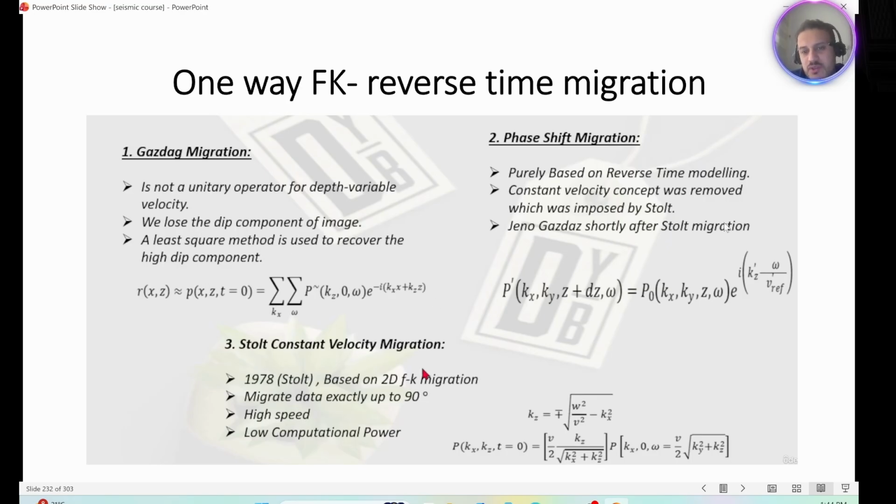This is the equation too. And also we have the phase shift migration. The constant velocity concept was removed, which was imposed by Stolt. This is the equation. And also we have the 1978 Stolt migration based on the 2D FK migration. This migrates data accurately up to 90 degrees, and has high speed and low computational cost. And this is the equation.